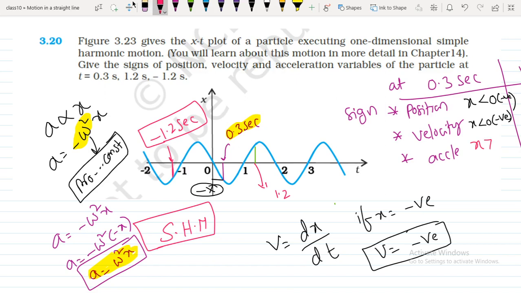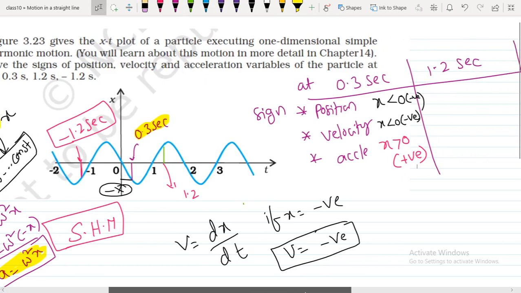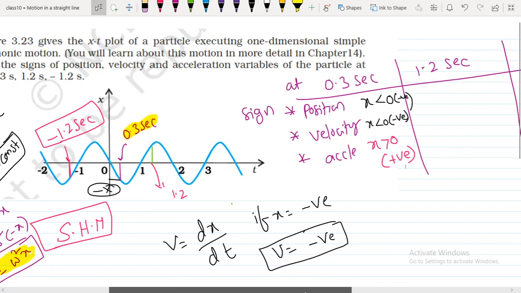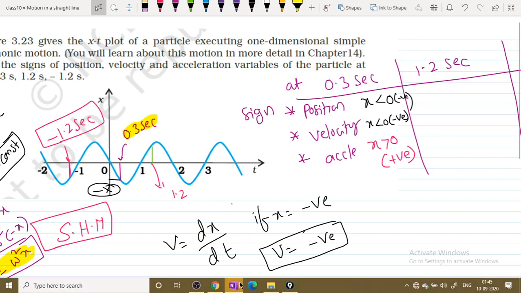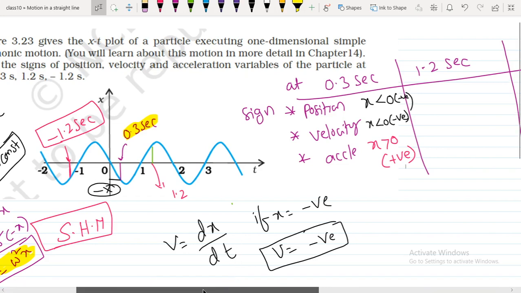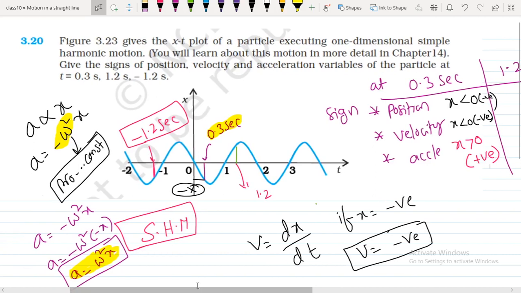To represent the sign, I am using this symbol, you follow that. So at 0.3 seconds, the position is negative, the velocity is negative and the acceleration is positive. Like that we have to find it in the rest of the places also.